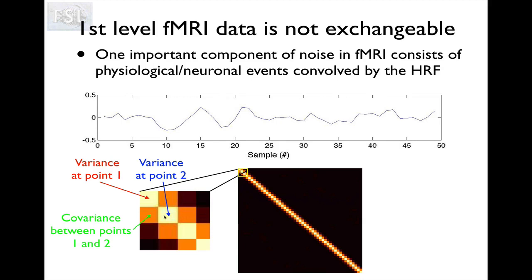And that means that point 2 is now worth less than it would have been if we had no knowledge about point 1. So this is the reason why we need to correct for this.